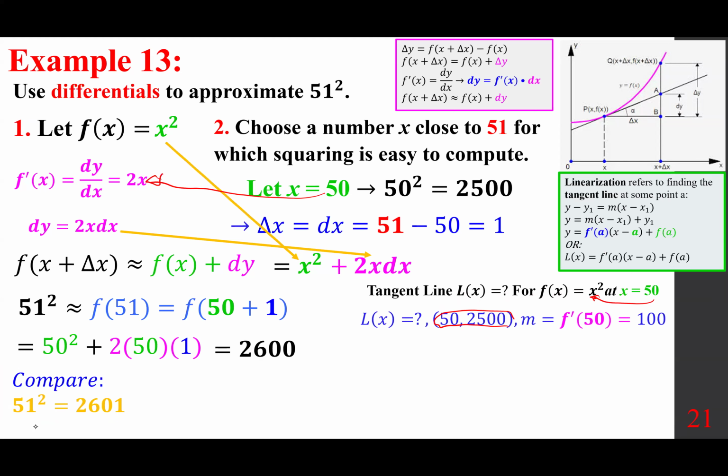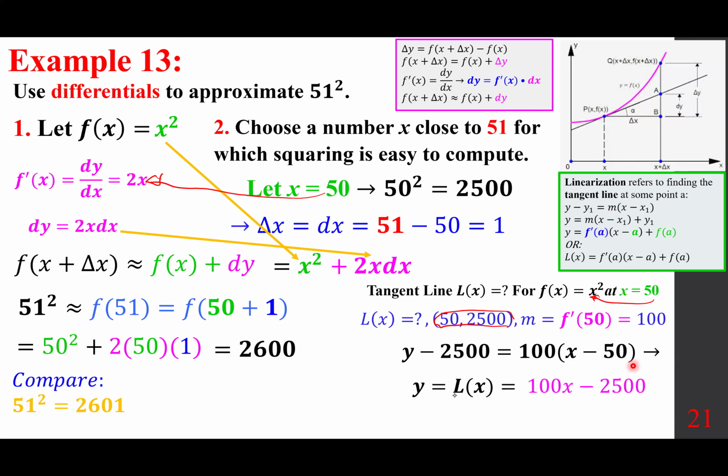y minus y1, we're going to use the easy way out. That means y minus 2500 equals m, 100, times x minus x1, x minus 50. That is 100x minus 5000. Move this one and it simplifies to 100x minus 2500. You want 51 squared, you want L of 51.